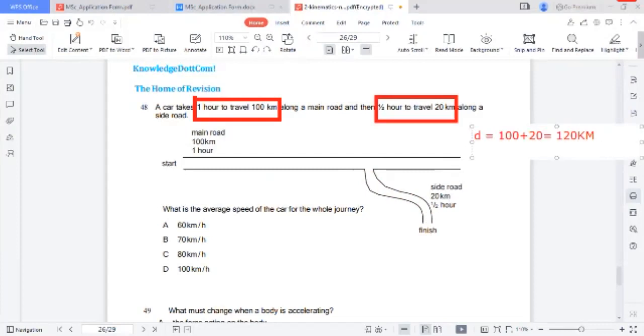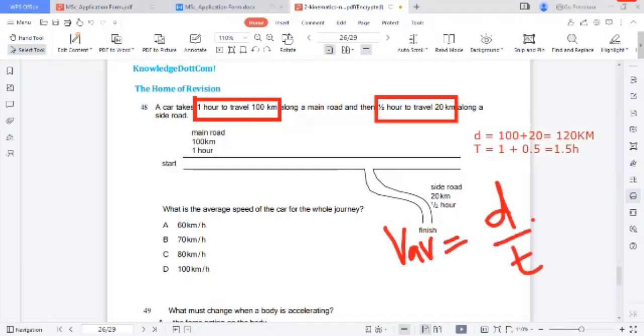Okay, now how much time is taken? First is 1 hour, then it is 0.5 hour for the next distance. So we have a total of 1.5 hours. For average velocity, we know that the formula is total distance over total time. So what is the total distance?